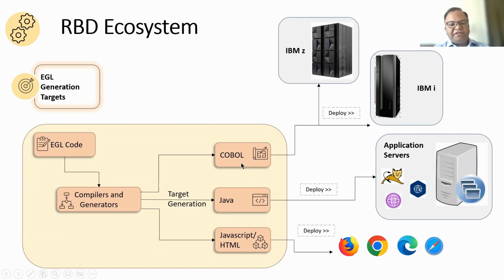So if it's a COBOL system, a COBOL file will get generated. If it's Java or HTML, that will be available. A user can easily do that deployment on either IBM Z or i, or if it's an application server, that can be done. And like I said, we support a lot of different application servers. We are compatible with most of the browsers also.